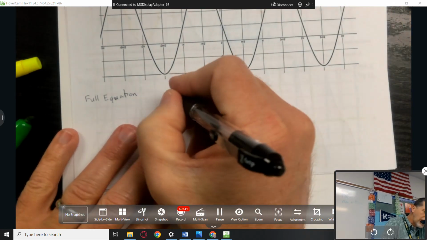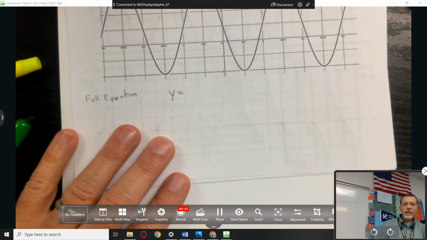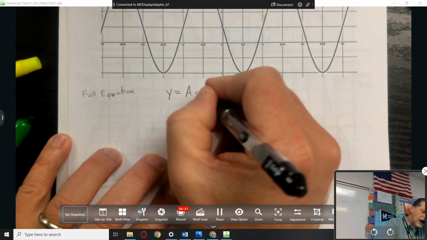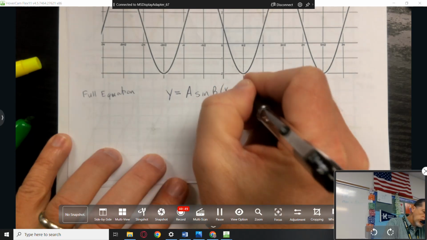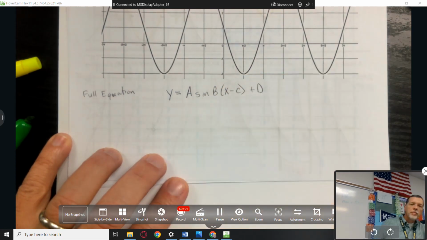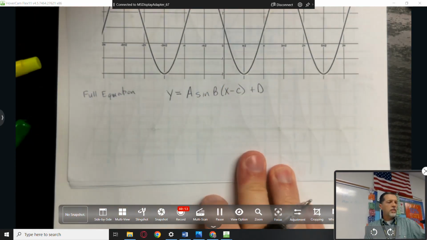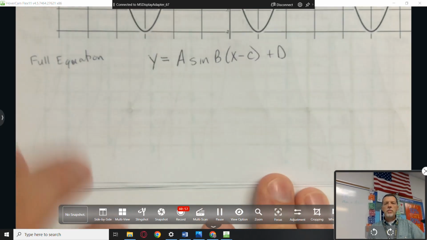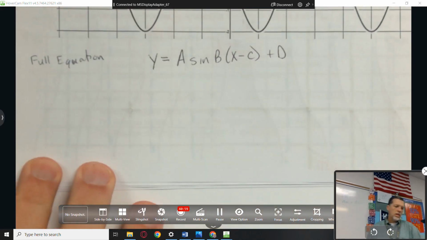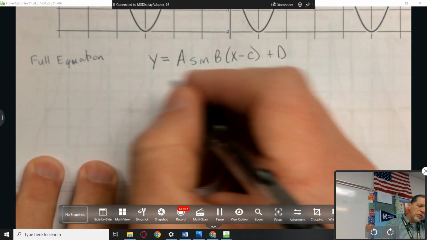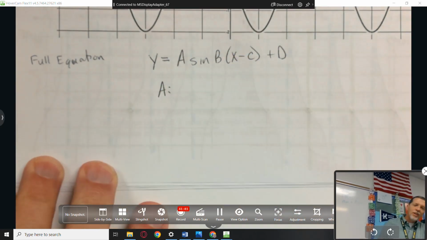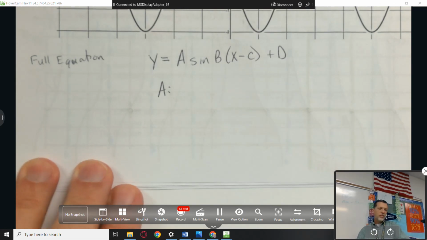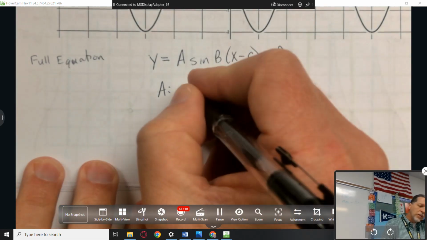I do want to write this because this will sort of lead into the Desmos activity. So write that down, and then we're going to talk briefly about what each of those are. Well, you know what most of them are. What does A control? The stretch or the flip.